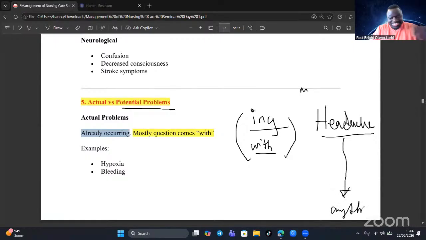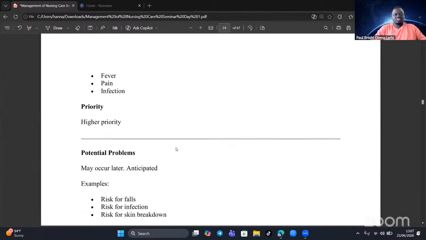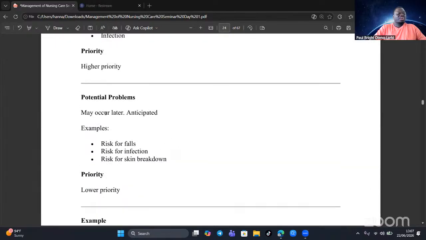I have not seen any sign of arrhythmia, but I am just thinking because yesterday a patient came with headache and he became arrhythmic. So today, if I'm seeing another headache, then there is a potentiality that there can be arrhythmias. Let's go and read the examples. So, potential, it may occur later or anticipated.